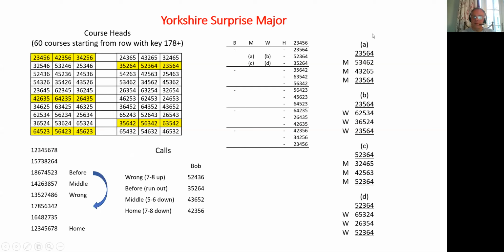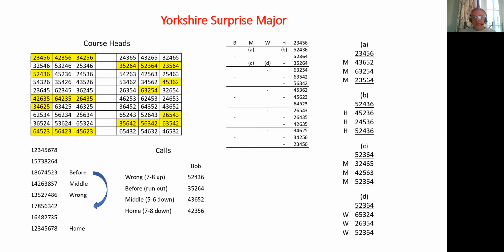So those 3 middles, those 3 wrongs, they're not going to work for us. And if we do the same exercise and look at the 3 middles at C and the 3 wrongs at D, we find that those don't work either. They have the same problem. So my starting point here of before and 3 homes is not going to work. I need to come up with a different plan.